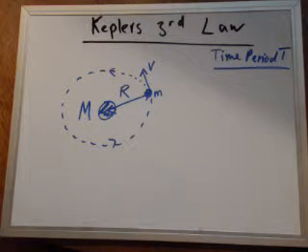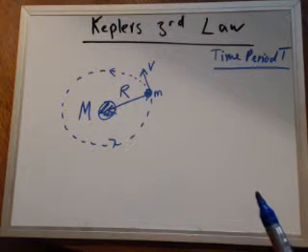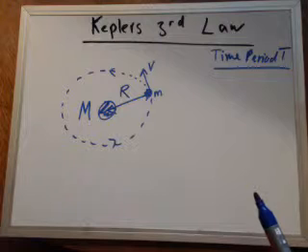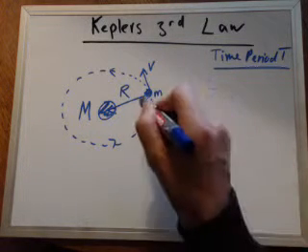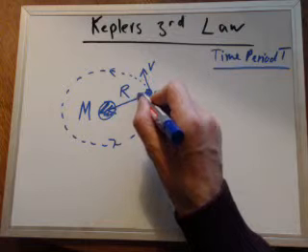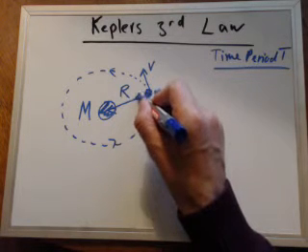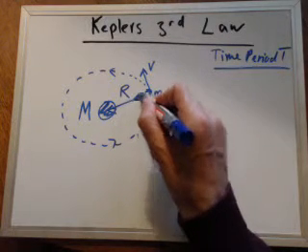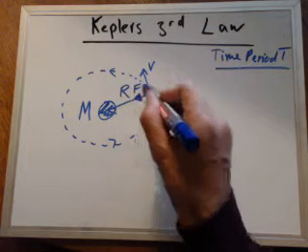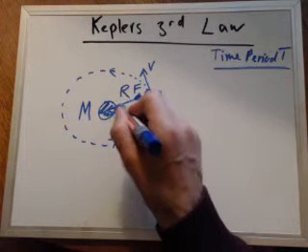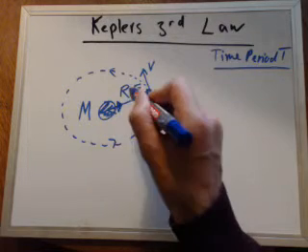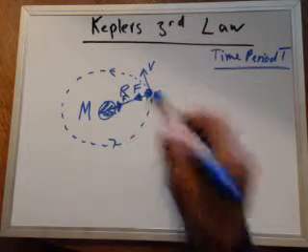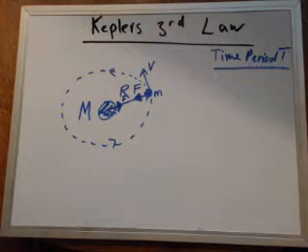Okay, now first of all we'll look at the forces acting on the moon. The only force actually acting on the moon is the gravitational attraction F of the moon and the planet, which is of course equal and opposite to the force the planet feels from the moon, those two forces making Newton pairs.